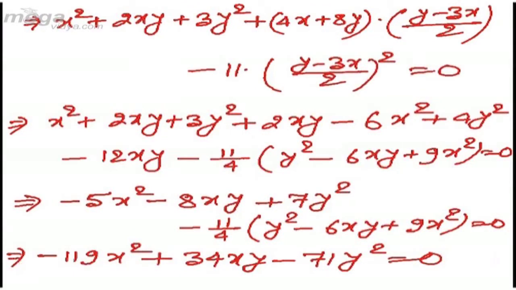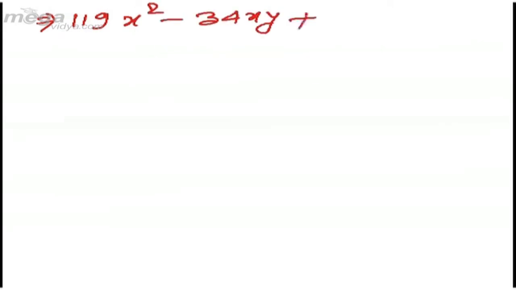If you take the minus sign common, it becomes 119x square minus 34xy plus 71y square is equal to 0.